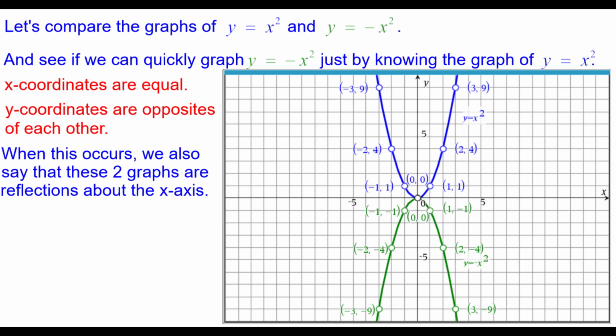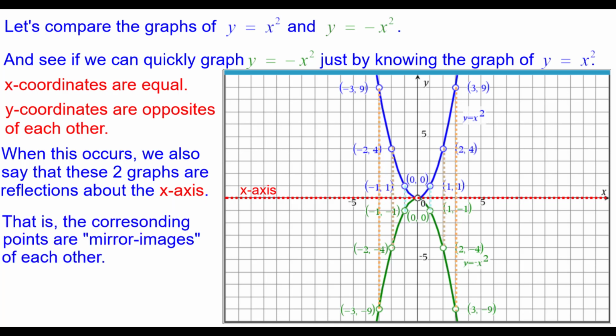When this occurs, we also say that these two graphs are reflections about the x-axis. So here's the x-axis in dotted red. And you can see these curves are reflections, meaning they're like mirror images of each other, using the x-axis as the mirror.